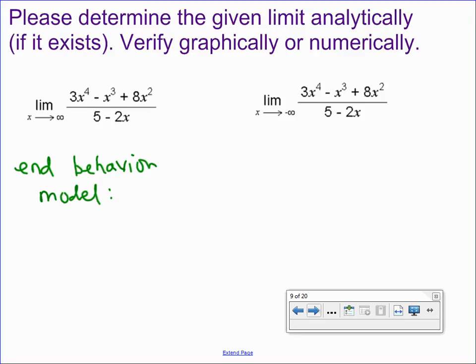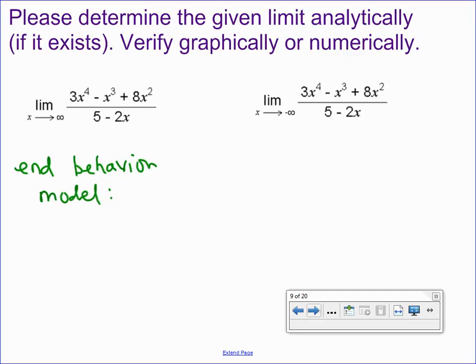If x gets infinitely large, the only term on top that's going to influence my final end behavior is the dominant term, the highest exponent term. And so this x cubed, though certainly large, will still dwarf in comparison to this quartic term, this x to the fourth term, as long as I let x increase without bound. So too would that x squared term have no effect so long as I look far enough to the right on the graph.